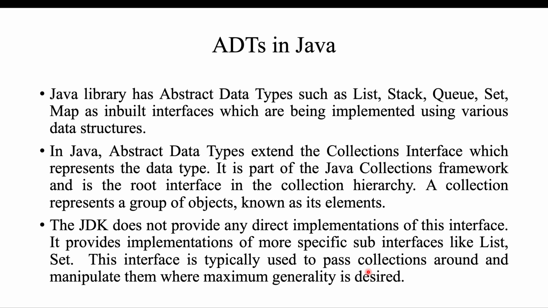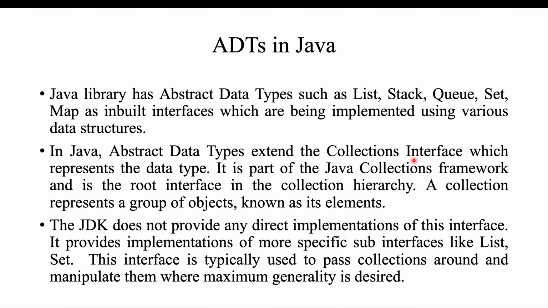Now talking about Java ADT, I have already mentioned that we have several inbuilt abstract data types in our Java library, like list, stack, queue, set, map, and these are inbuilt interfaces. Now these abstract data types, whichever are in the Java library, or whatever we would be creating as a user defined abstract data type, will extend the collection interface.